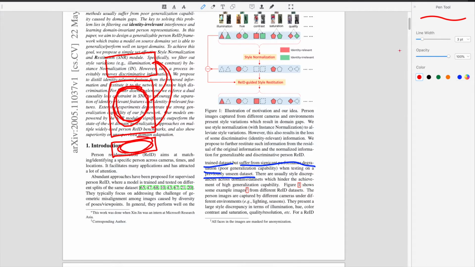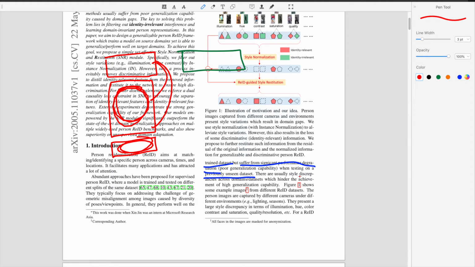But when applying this model to a different real-world camera where the illumination, hue, contrast, saturation, and camera quality all have different settings, then it is obvious that because of this domain gap, the model trained here won't perform as well in this part of the domain.